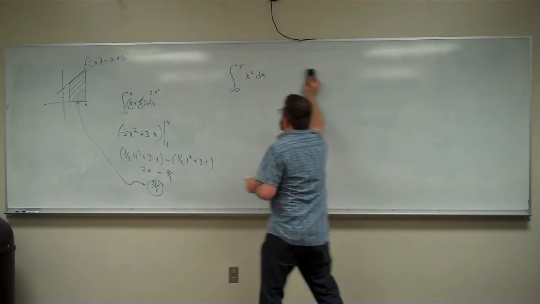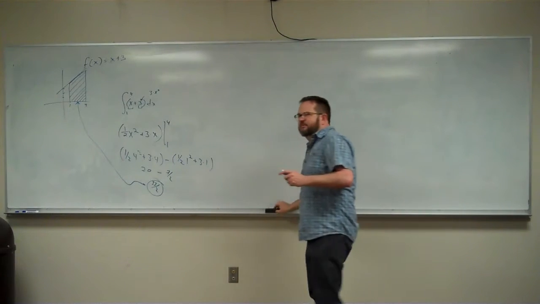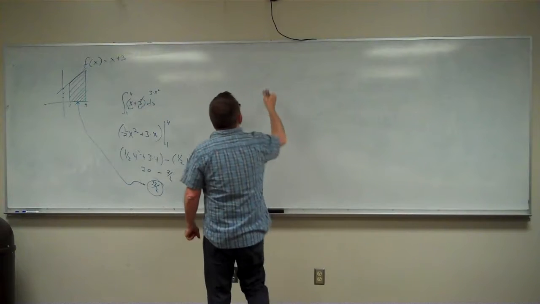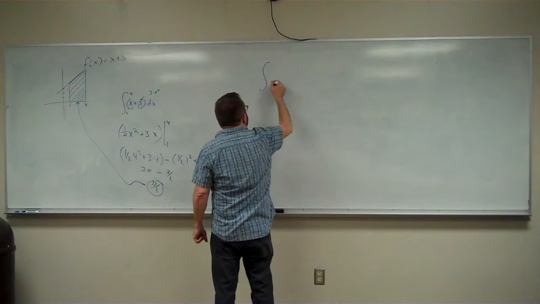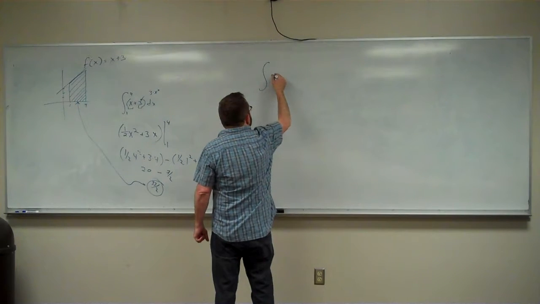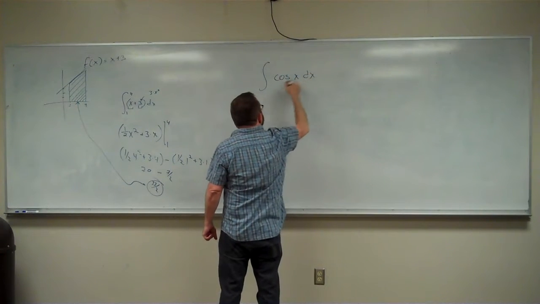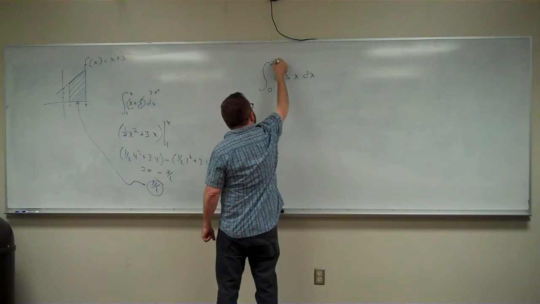This works for all the different functions that we had examples of back in 4.10, or whatever the last section was where we did antiderivatives. How about the integral of cosine of x dx from 0 to 2 pi?